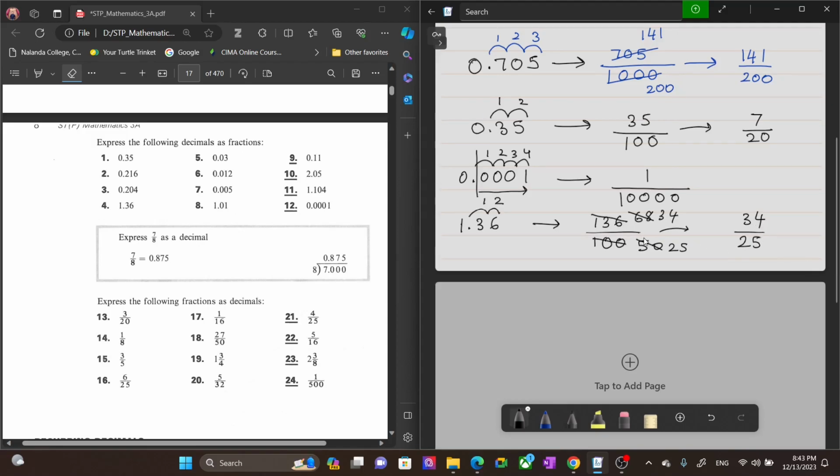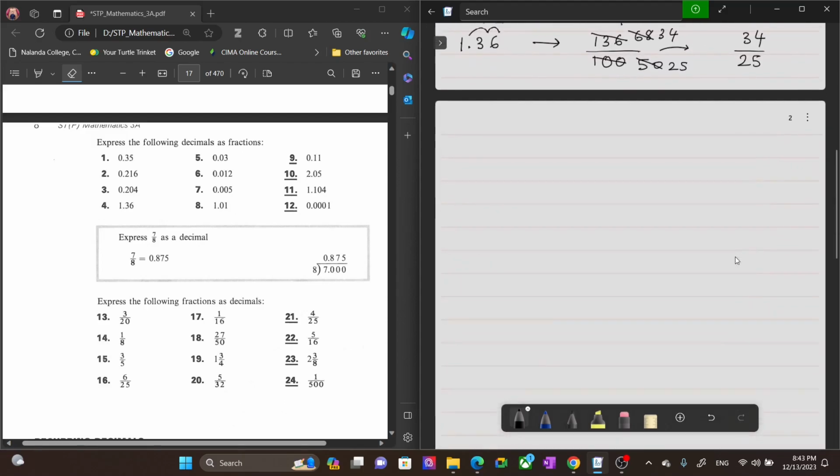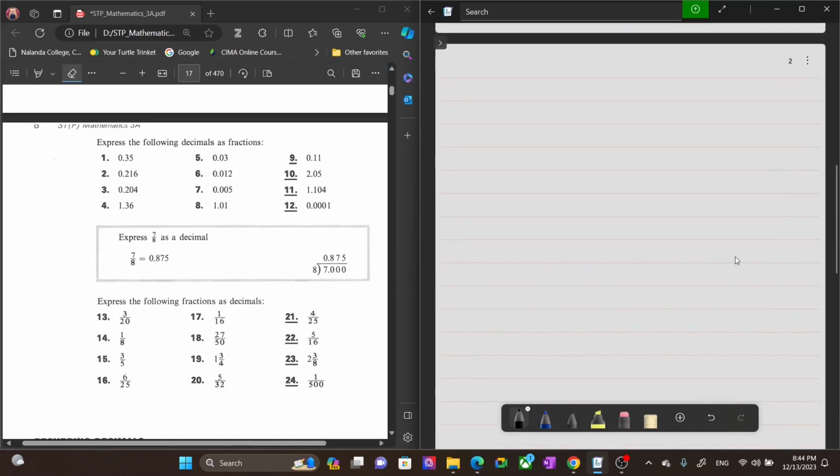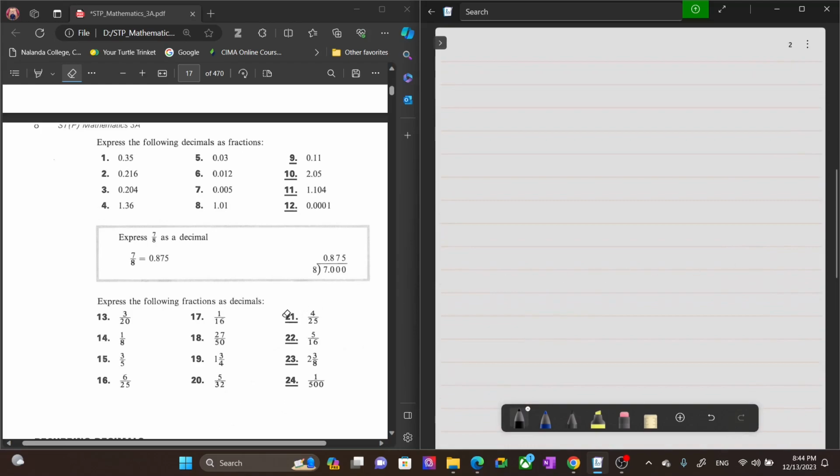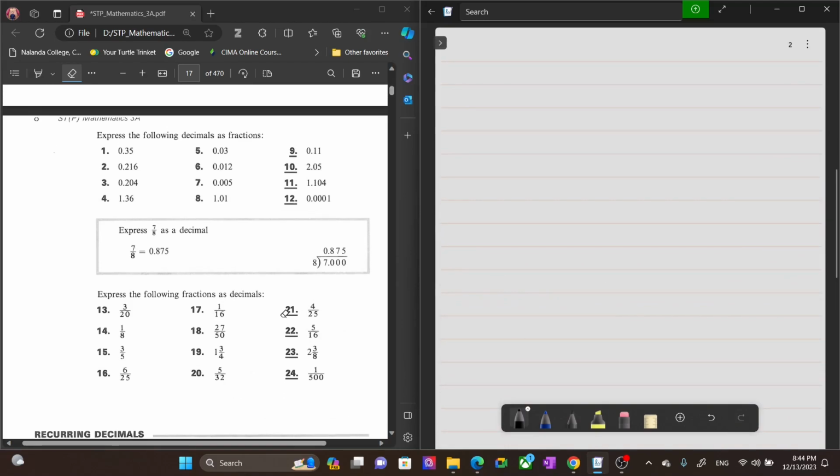Now you know how to convert decimals into simple fractions. Then we are going to convert fractions into decimals. Previously we did decimals into fractions.